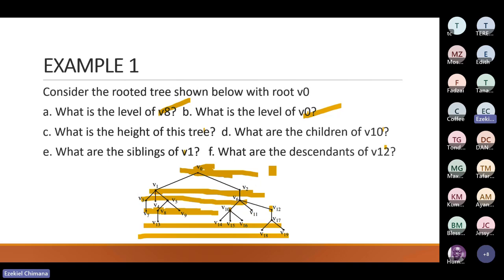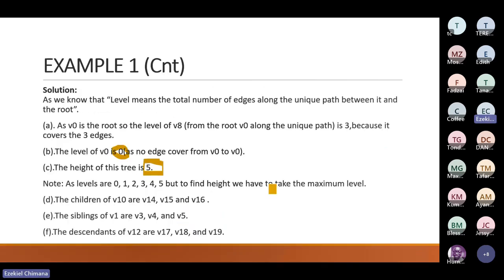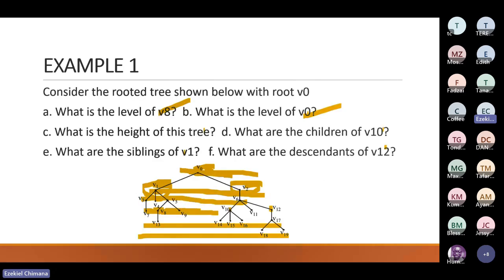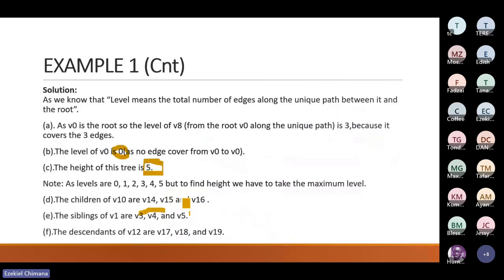And then what are the descendants? Before the descendants, what are the siblings of V1? The siblings of V1 are V3, V4, and V5.